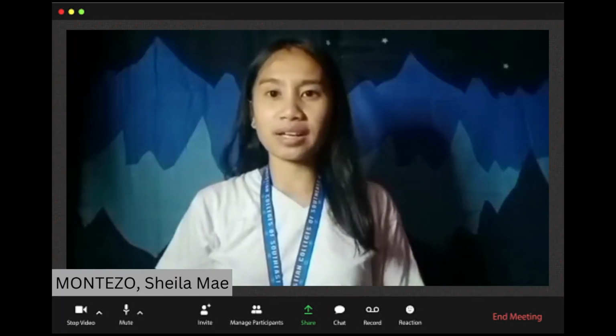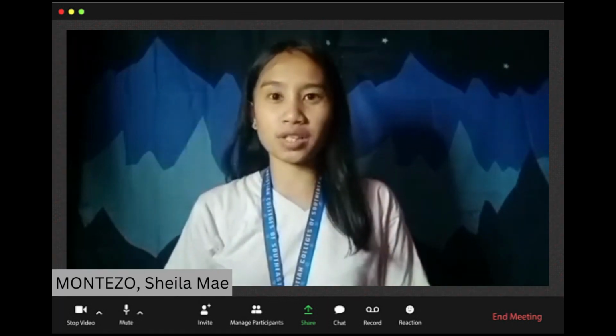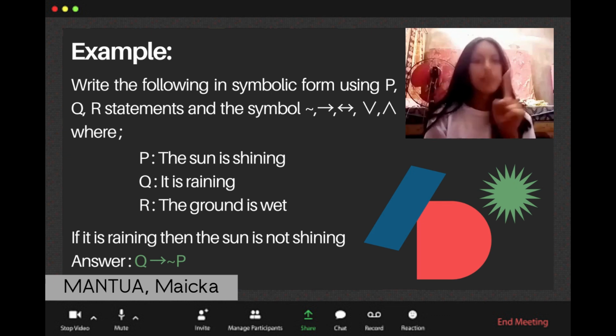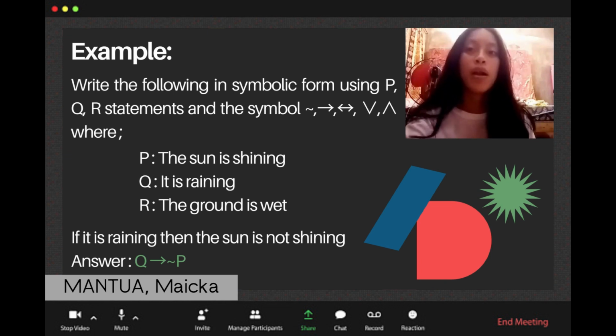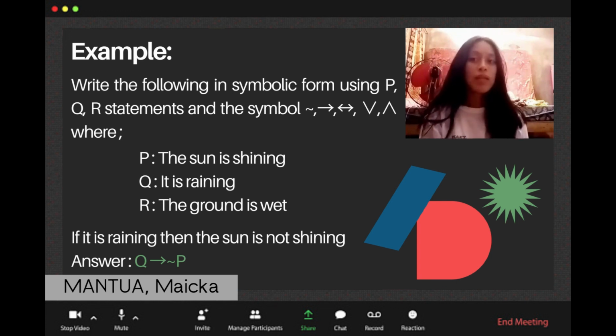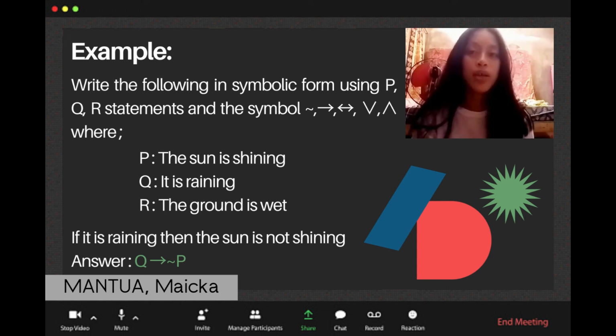Miss Mantua, can you give an example of logic? Girl, I got you. Example of logic. Write the following in symbolic form using P, Q, R statements and the symbols. P equals the sun is shining. Q, it is raining.